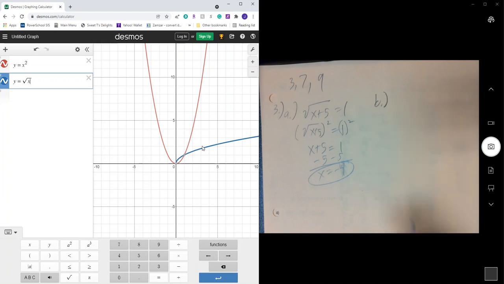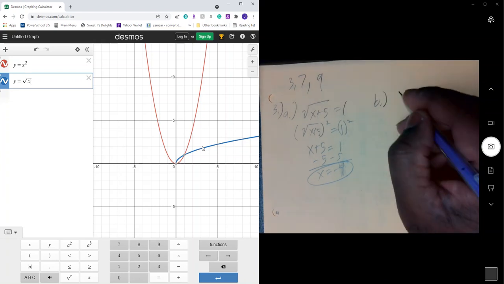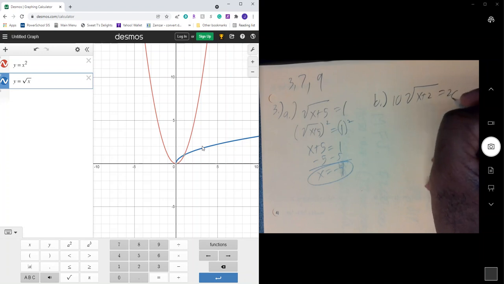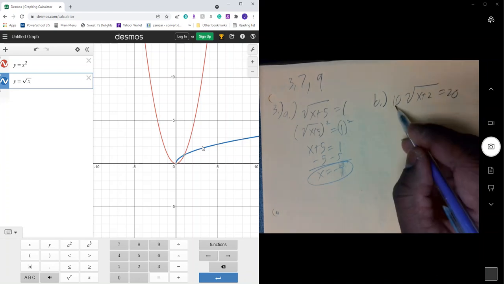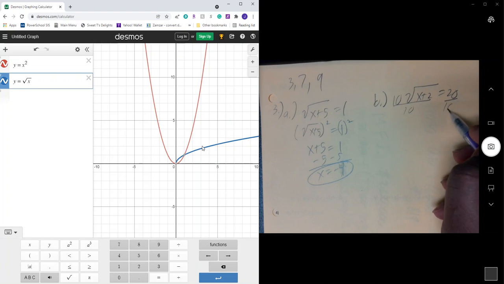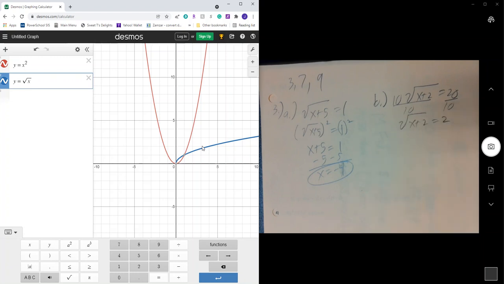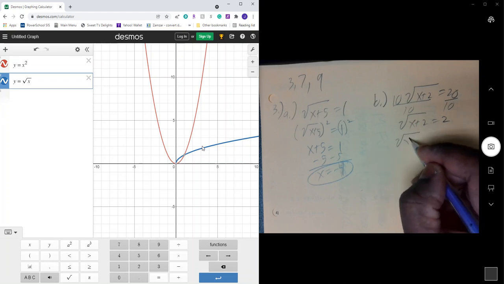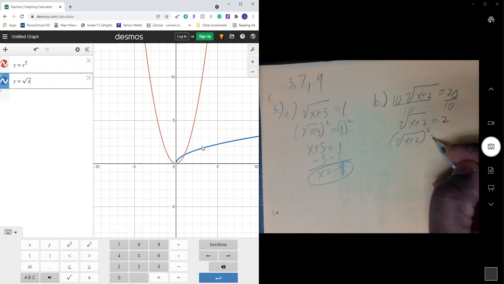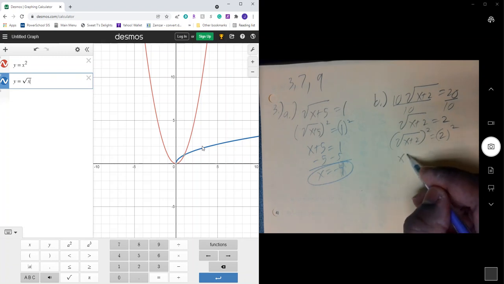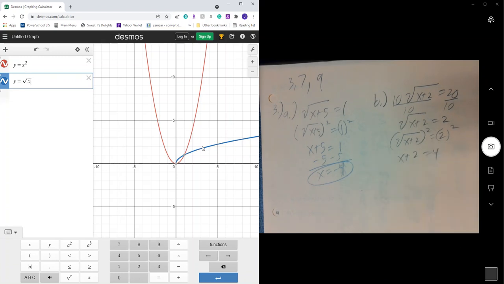So now we go to B. We have 10 times the square root of x plus 2 is equal to 20. Now we'll divide each side by 10 first, and the square root of x plus 2 is equal to 2. Now we will square both sides to get rid of that square root, and this will give us x plus 2 is equal to 4.